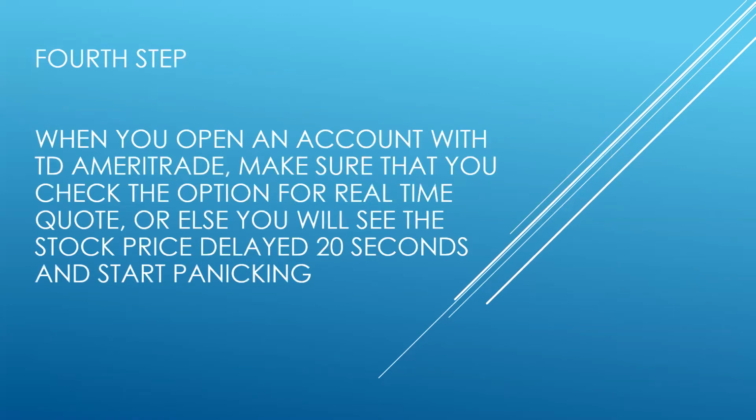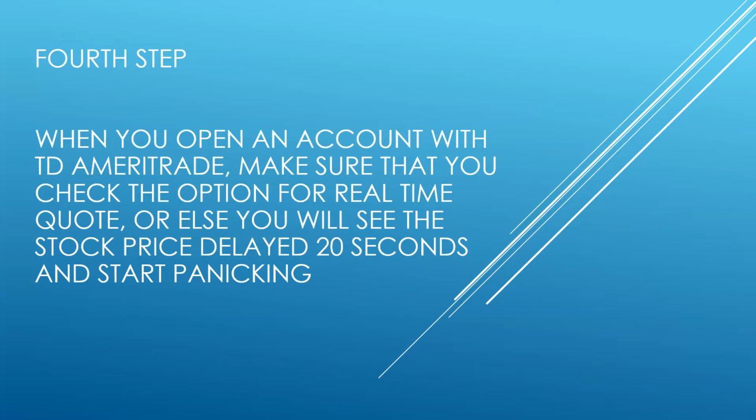The next thing, when you open an account with TD Ameritrade, make sure that you check the option for real-time quote. This is so important. Why? Because most of the brokers, when you open an account with them, will not give you the real-time quote, which means, suppose, for example, the Microsoft stock price is $133, I'm just giving an example, you will see it as $140.